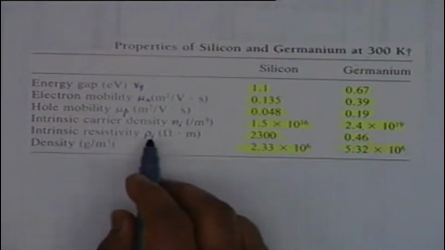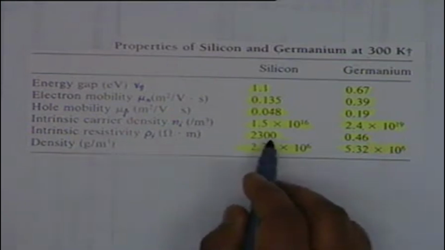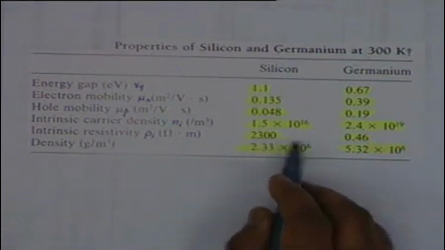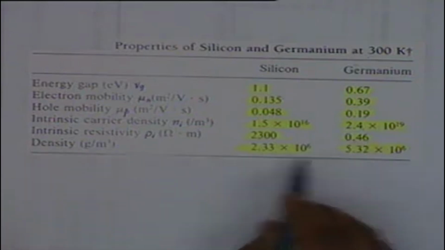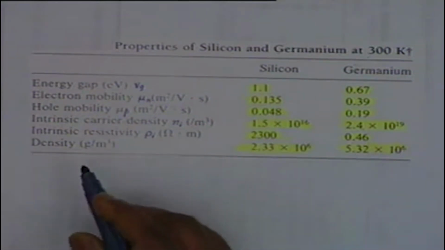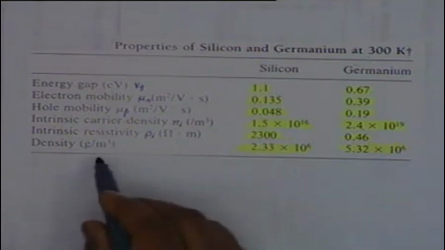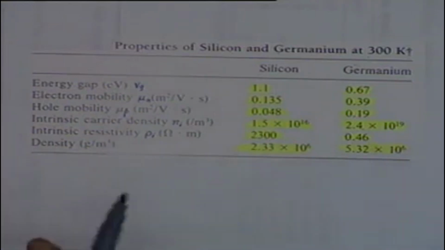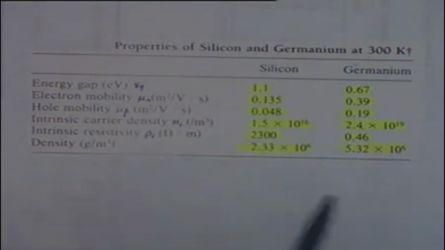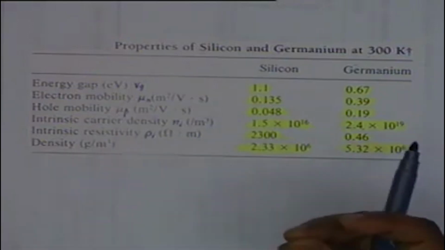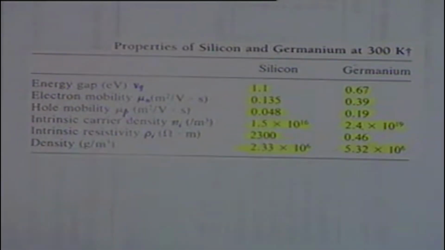The intrinsic resistivity is 2300, which is a pretty large number. Germanium is much less, only 0.46, and the density is the physical density, that is grams per meter cube, not kg per meter cube. For very funny reasons, this mixture of units, centimeter, gram, kilogram, continues in semiconductor electronics.